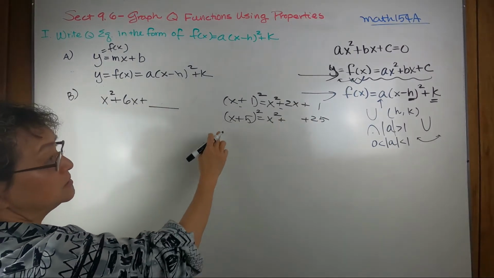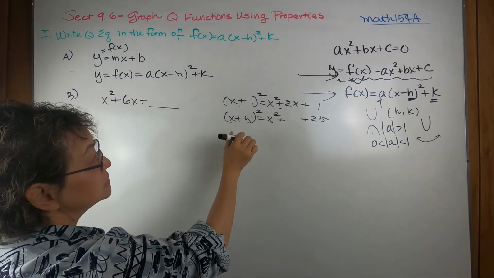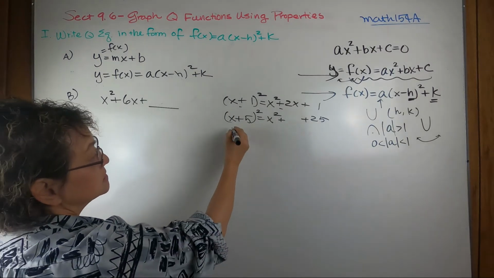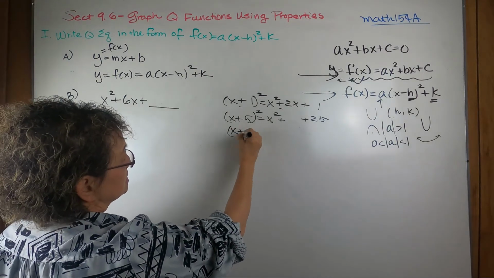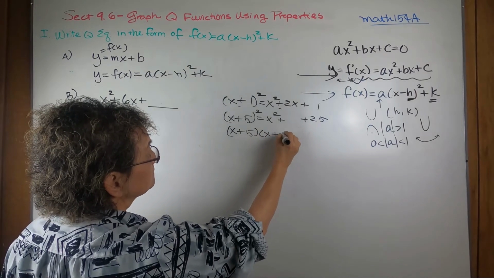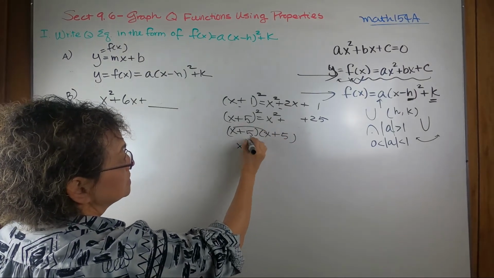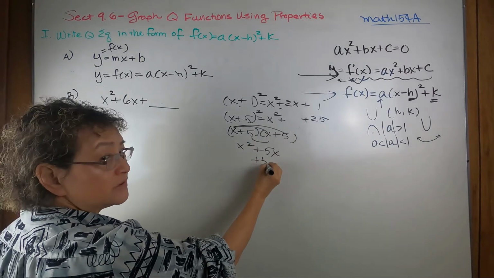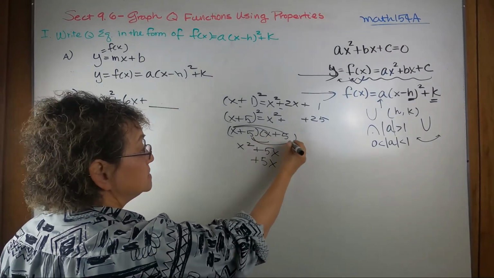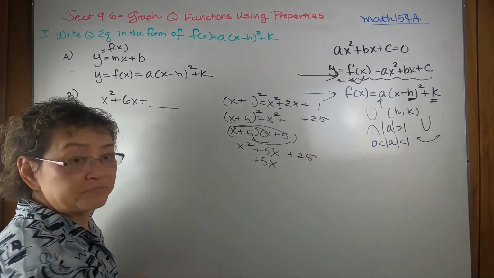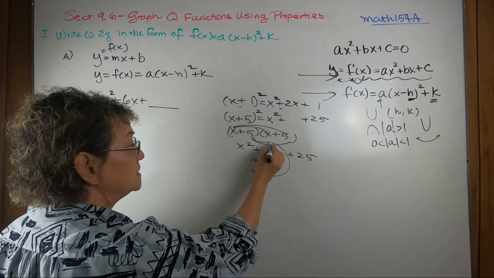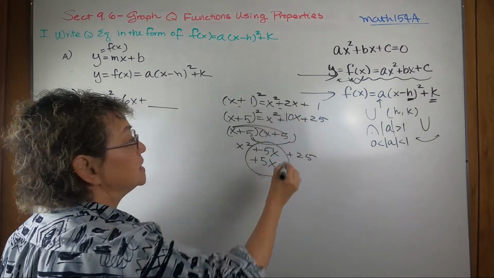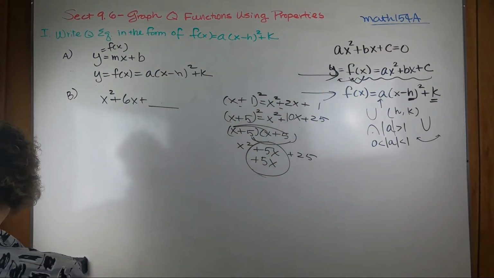The middle one, when you FOIL, is 5 times x and 5 times x, so 5x and 5x, and then 25. So the middle one, you double it, becomes 10x, right?